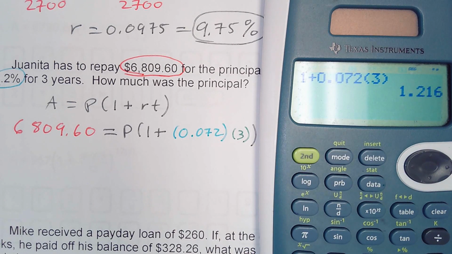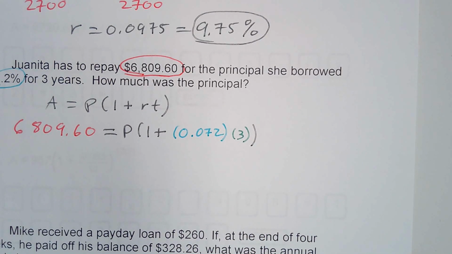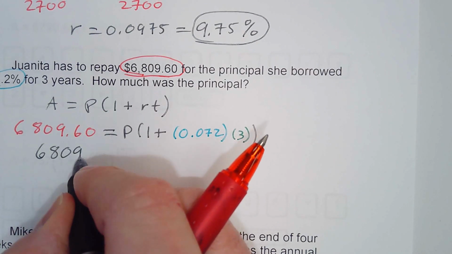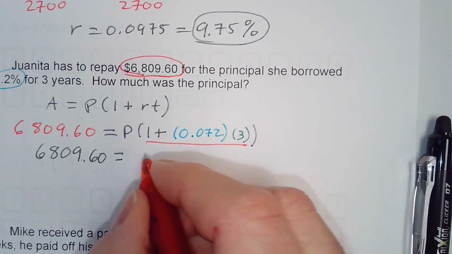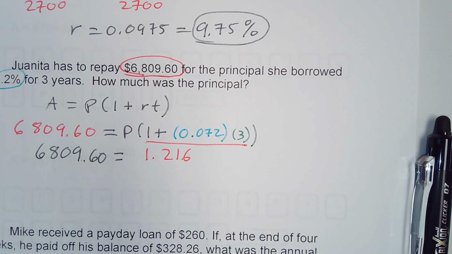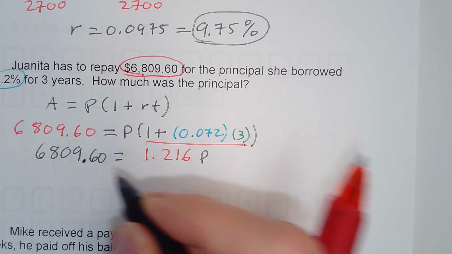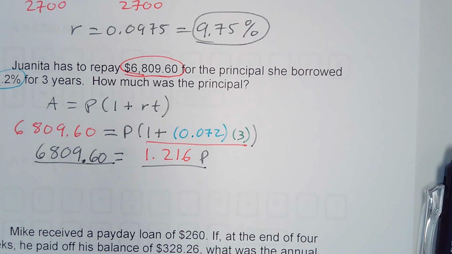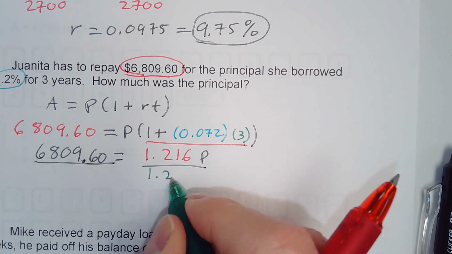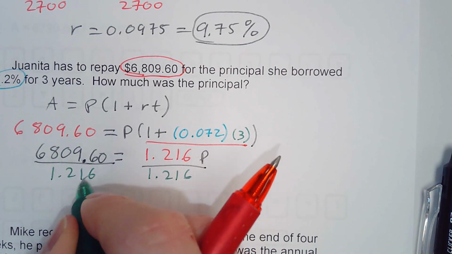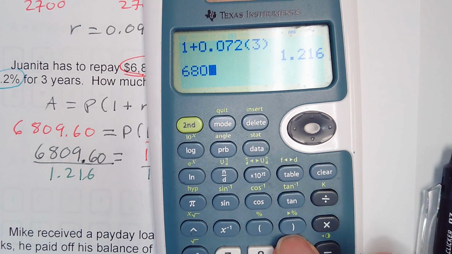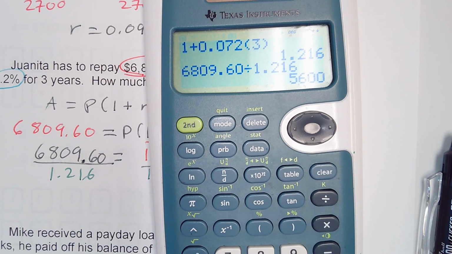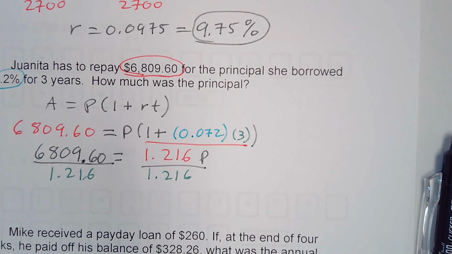It's 1.216. So to solve for P, I need to divide both sides by that 1.216. So that gives us $5,600.